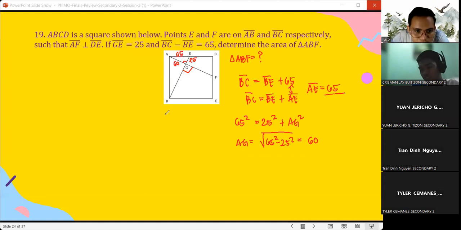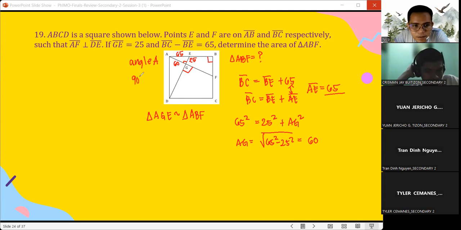I'm trying to look at it. It's too small kasi. The AGE is similar with ABF, okay? Kasi they share the same angle, which is angle A, and the 90-degree angle here.